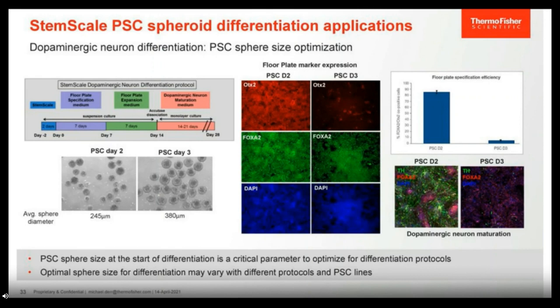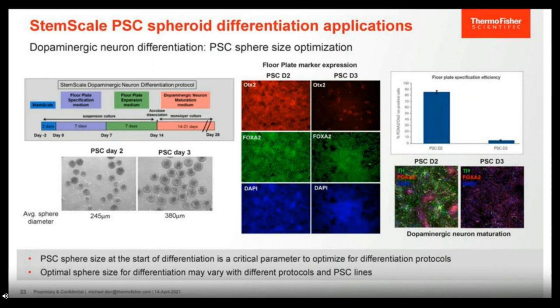So we did quantitative ICC, looking at co-expression of FOXA2 and OTX2, and the larger sphere size starting PSC spheroids resulted in significantly decreased quantitation of the co-staining FOXA2 and OTX2. So these were not appropriately specified to floor plate progenitors.